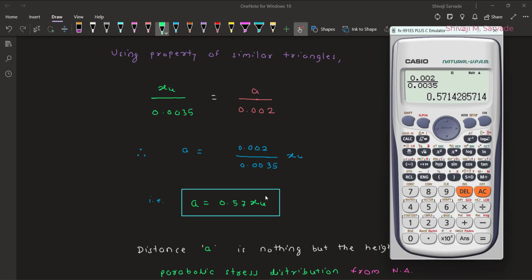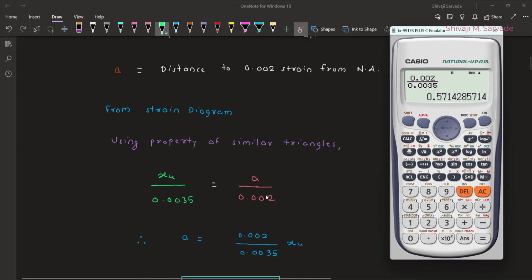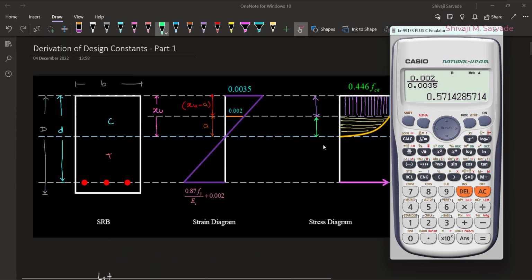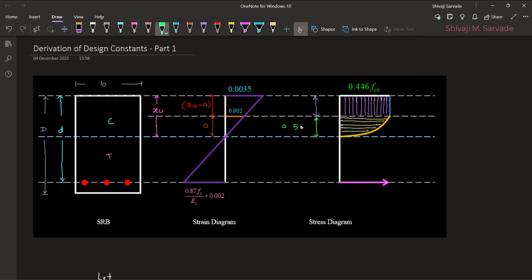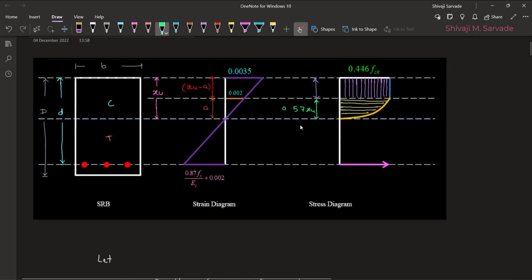Now this A is nothing but the distance of the parabolic stress distribution. So I can now substitute here also that this is 0.57 XU. Now what is the remaining distance? That we can also calculate. Since the total is XU, and out of that we just calculated this is going to be 0.57 XU, the remaining can be calculated.